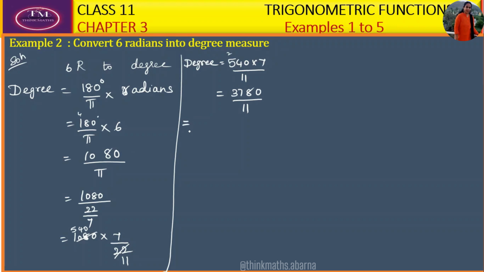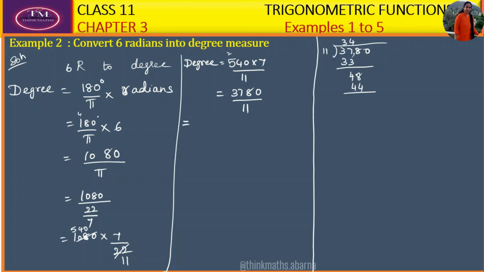Now we have to find out the value of degree by dividing this number by 11. So let us start doing that. 3780 by 11. So it is taking 37, 3 11s are 33, balance is 4, bringing 8 down, 4 11s are 44, balance is 4, bringing this 0 down, 3 11s are 33, the balance is 7.